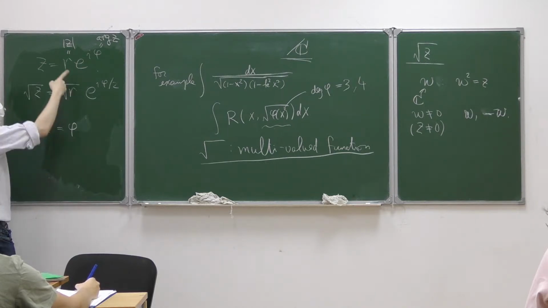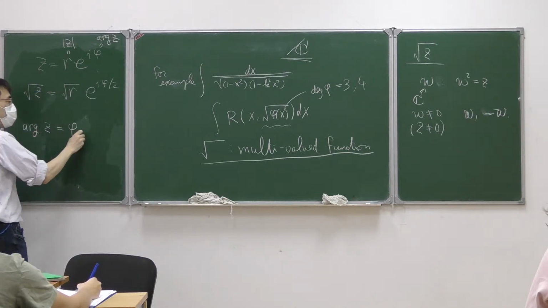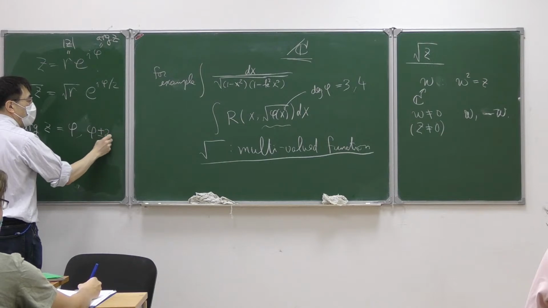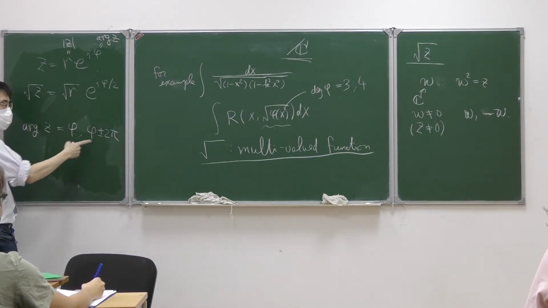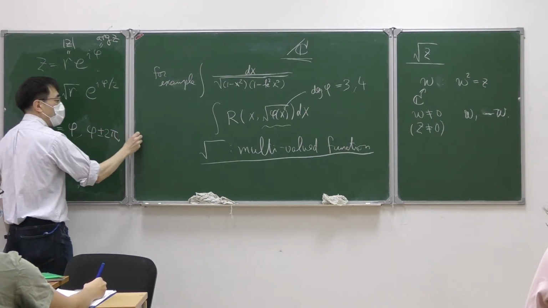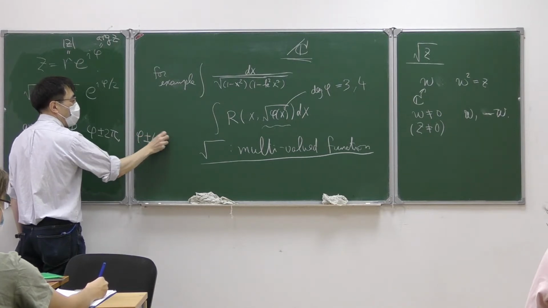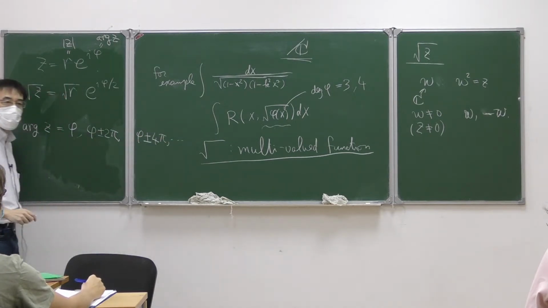If the argument of z is phi, then we can add or subtract 2 pi, 4 pi, and so on.